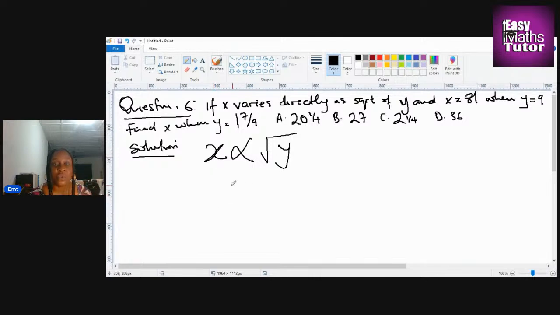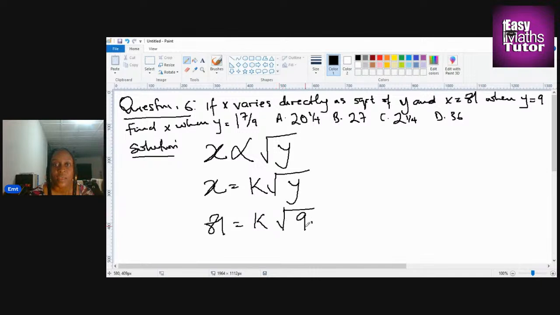So if we are to convert this to equality, we'll write it as x equals k square root of y, taking k as a constant of proportionality. So we'll say x is 81 and y is 9.